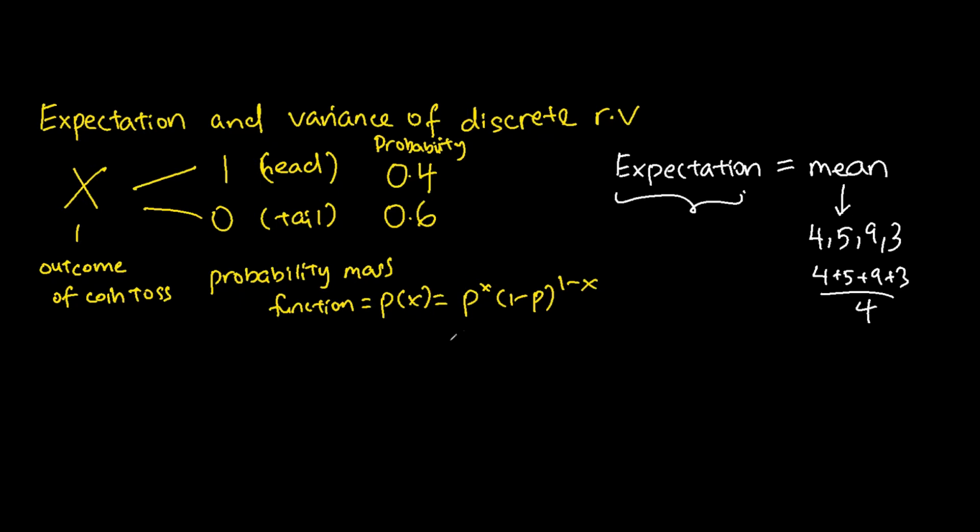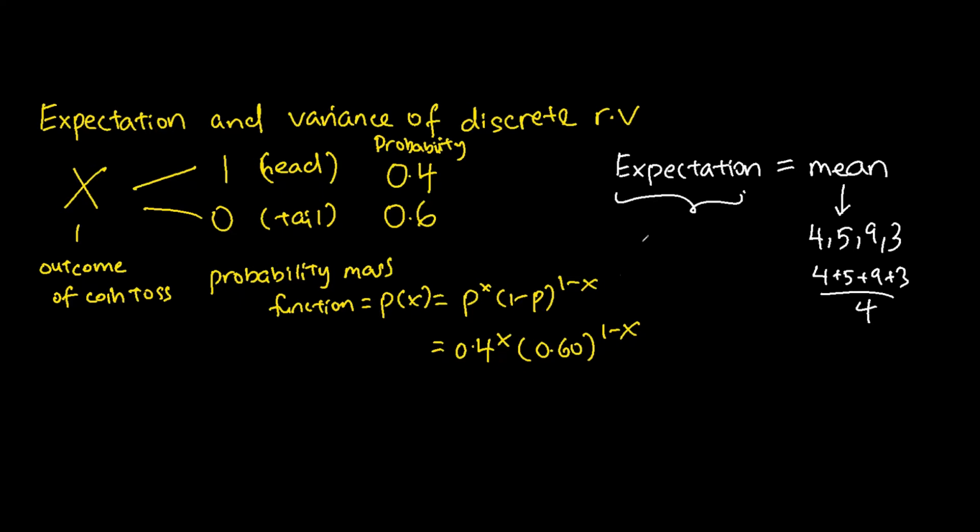So for this case, my p is 0.4 to the power of x, and my 1 minus p is 0.6 to the power of 1 minus x. This is the general formula in which if you sub in the numerical value 1 into the equation, you get the probability 0.4, and if you sub in x equals 0, you get a probability of 0.6.